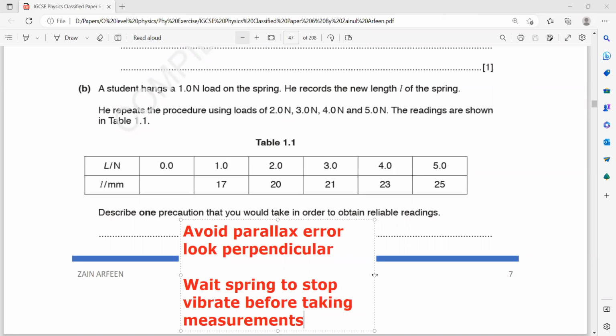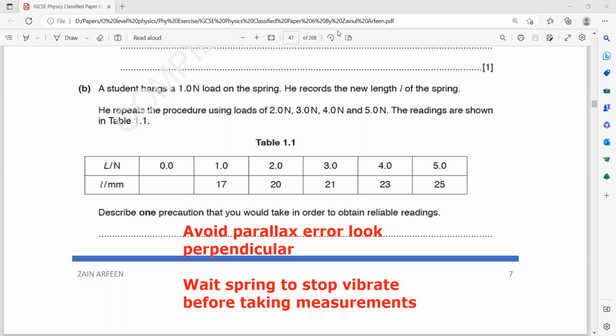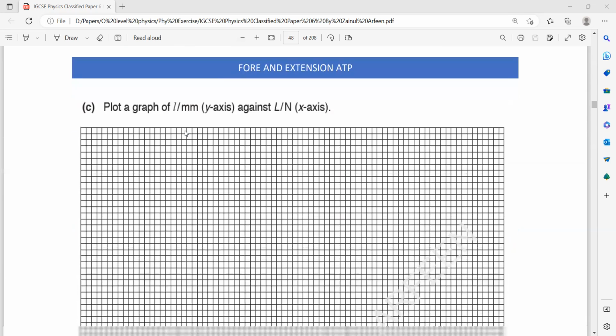So these are the two things we should do to get reliable results. In case you want me to repeat any point, I will explain it again.